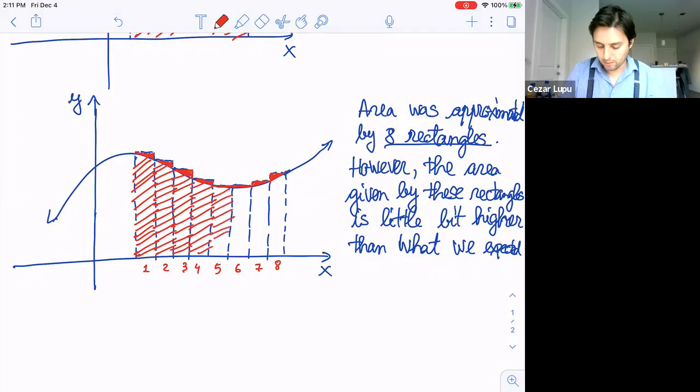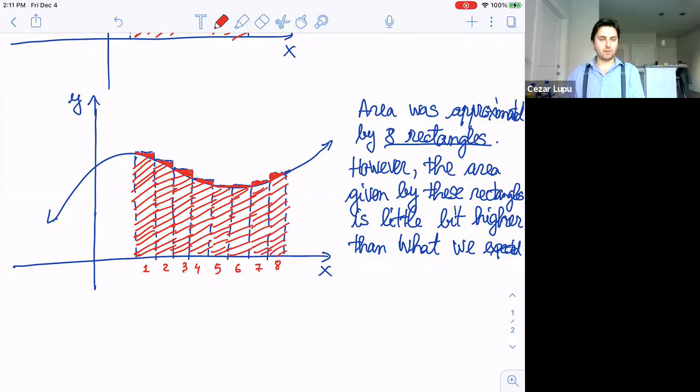We're going to do the same thing for all of them because we're interested in the area of these rectangles. These are the rectangles, as you can see.